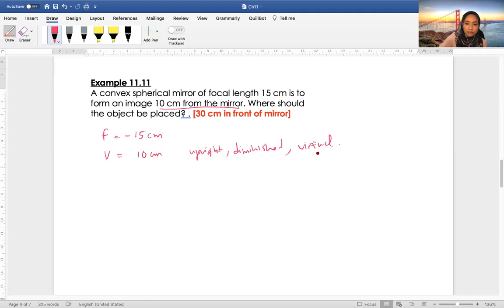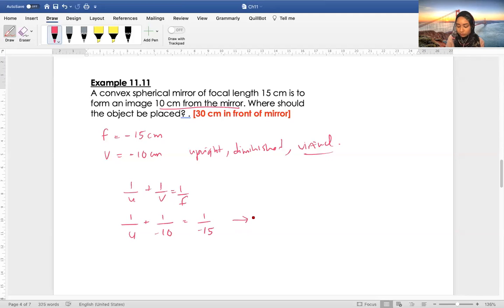Okay, so if it's virtual, your V should always be negative. So using the equation 1 over U plus 1 over V equals 1 over F. 1 over U plus 1 over minus 10 equals 1 over minus 15. Yes, I know this looks like a boring equation, but some people don't know how to do it. So let me just go through it together.